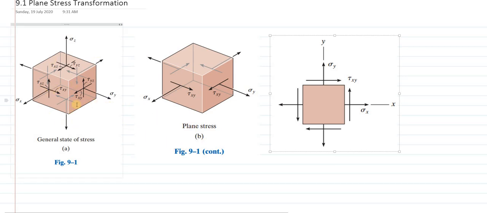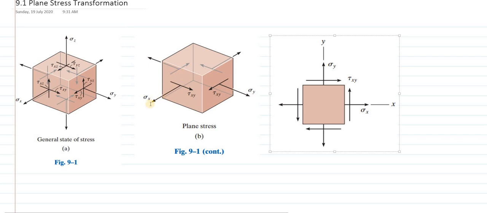So the general state is completely defined in this way, but sometimes the loading is applied such that the resulting stresses all lie in a single plane, and we can perform the analysis in a single plane. For example, consider the same element as over here, but in this case it is subjected only to these stresses, sigma x, sigma y, sigma x, sigma y, and this shear stress.